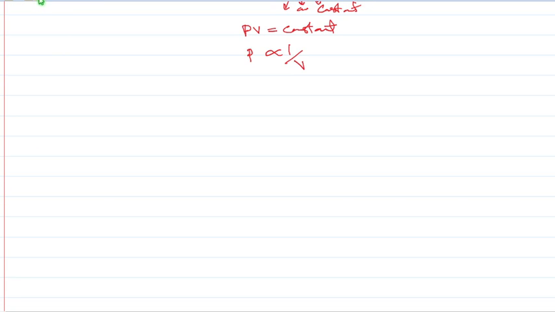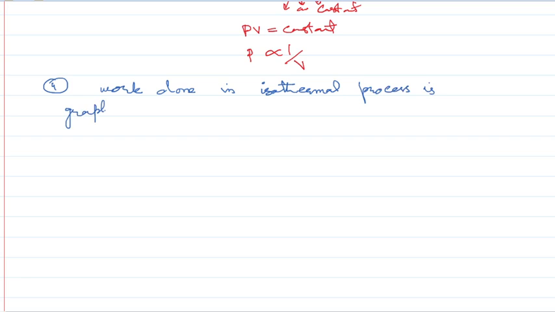One more point you have to remember regarding the isothermal process is that work done in an isothermal process is graphically given by the area under the pressure-volume curve.